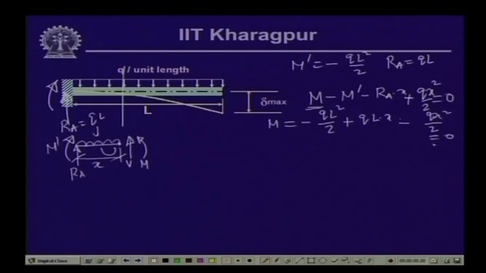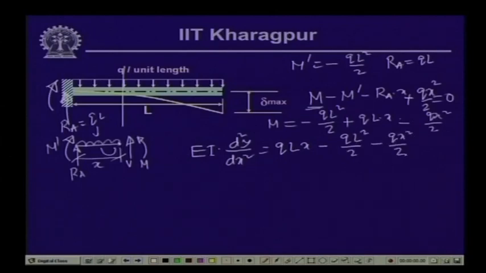Sorry, this is the moment expression, equal to the moment. Now, if I substitute the value of the moment in the differential equation, we have EI d2y/dx2 equals the moment, which is qLx minus qL²/2 minus qx²/2.